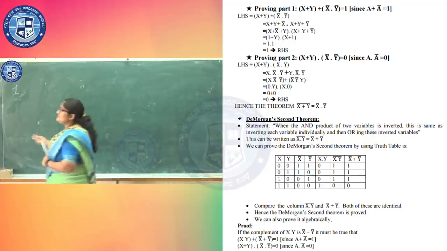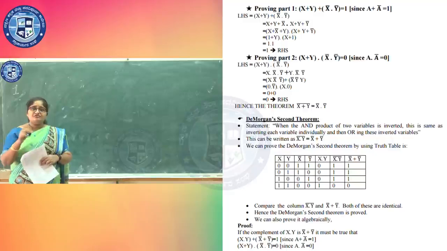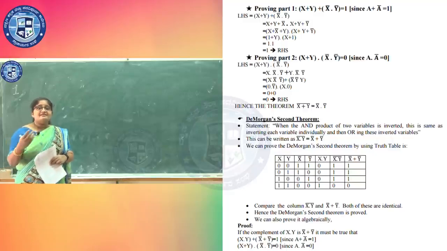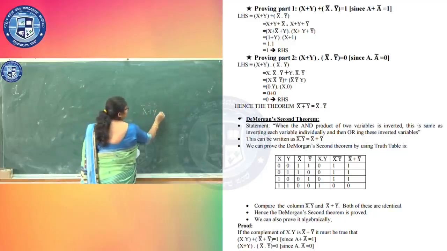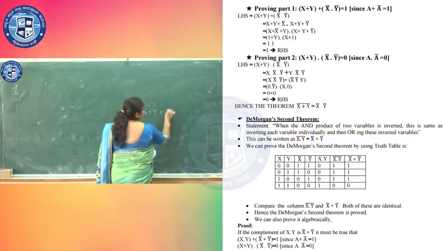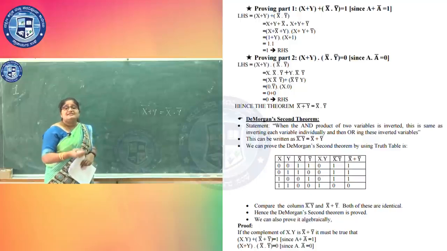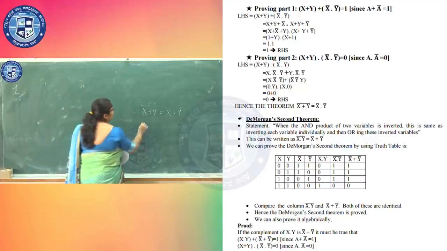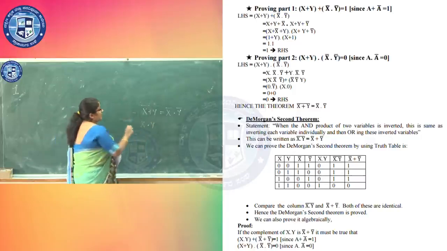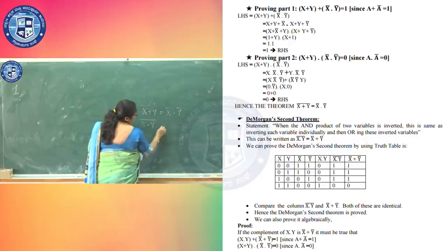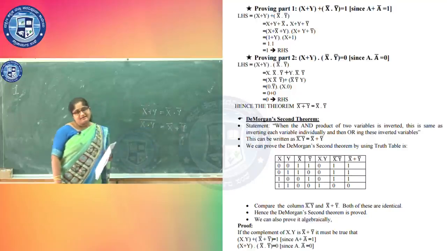The first De Morgan's theorem says that when the OR sum of two variables is inverted, it is equivalent to inverting each variable and ANDing them. The second theorem states that the AND product, not the OR sum, when inverted, is equivalent to inverting each variable and ORing them.